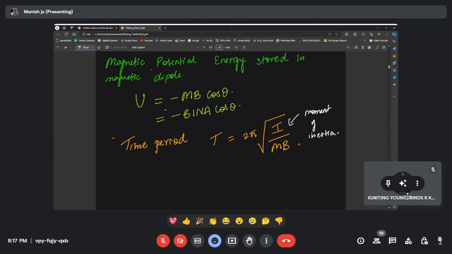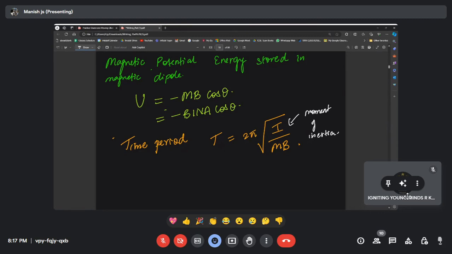So we are using this relation to find the time period. These are the two relationships that need to be known for the magnetic potential energy and correspondingly the time period.